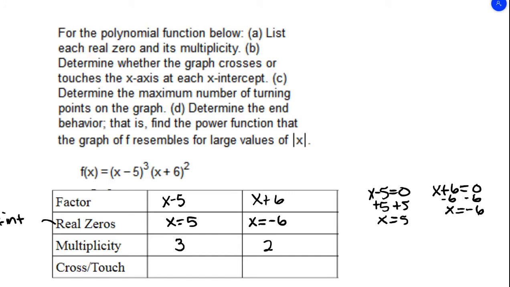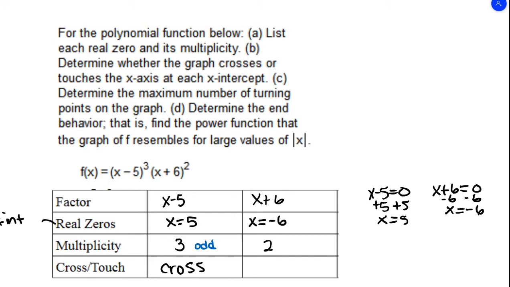Now the multiplicity is what determines whether the graph will touch the x-axis at that 0 or cross the x-axis at that 0. So because this multiplicity is odd, the graph will cross the x-axis at x equals 5.